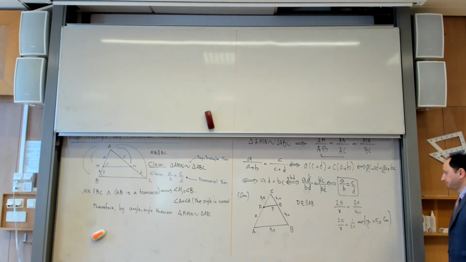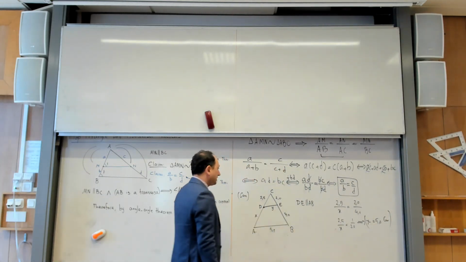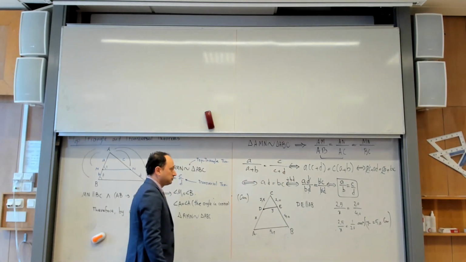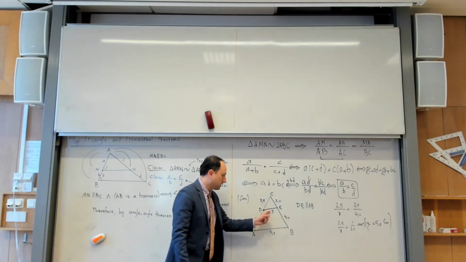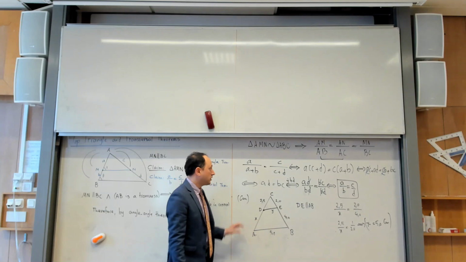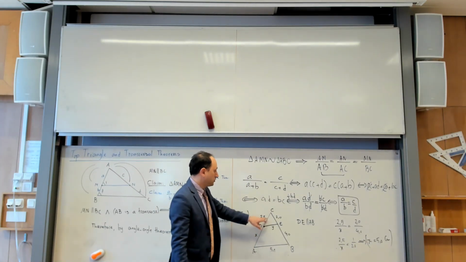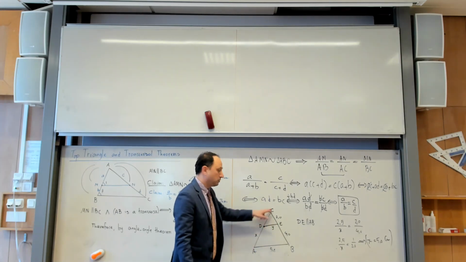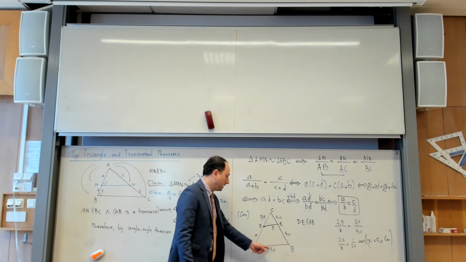That's correct. But if I want to find Y, it is not that helpful to use the transversal theorem, because the Y side is involved. So I have to use the top angle theorem, using the fact that this is similar to the bigger one. In that case, I can bring these into the game.